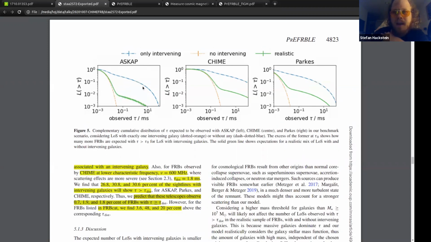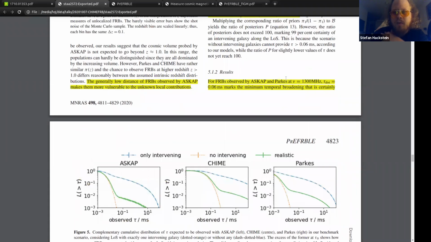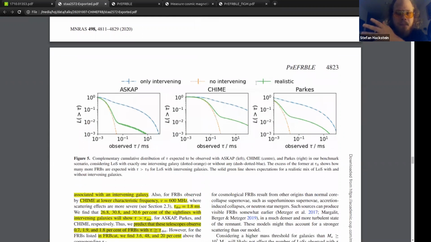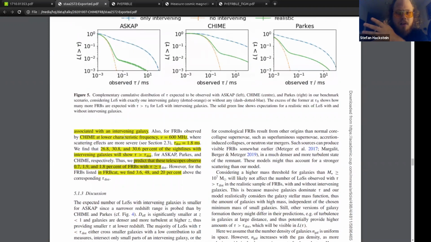So let's have a closer look at the numbers. Since ASKAP and Parkes are observing at the same frequency, they have the same border of 0.06 milliseconds, which marks the minimum temporal broadening that is certainly associated with an intervening galaxy. CHIME, looking at a lower frequency where the scattering is more severe, has this border at 1.8 milliseconds, as you can also see in these plots.